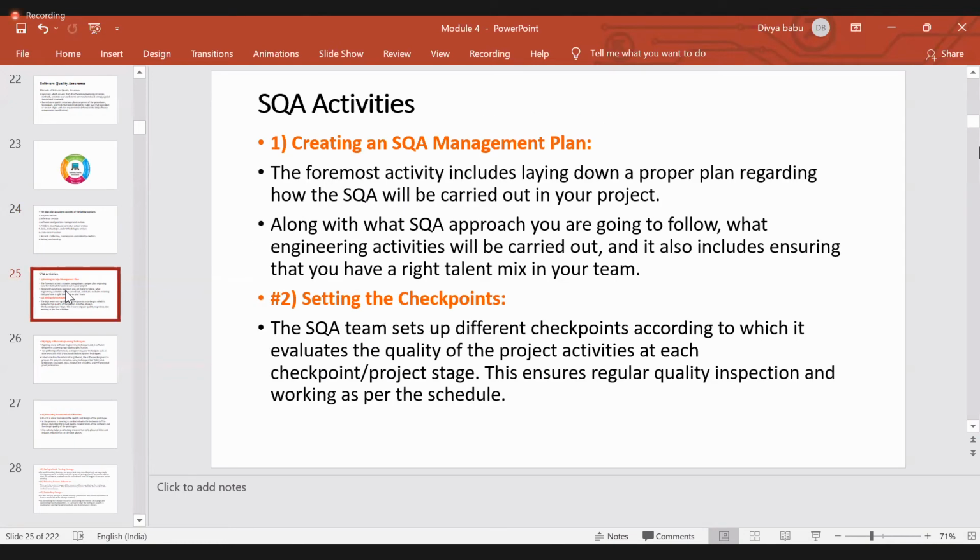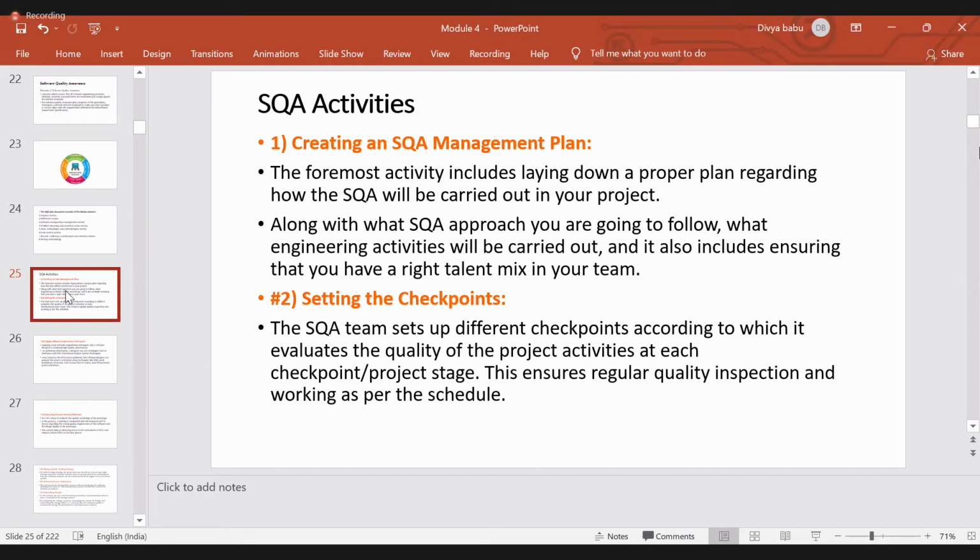Activities in an SQA. Software quality assurance activities are creating an SQA management plan and setting checkpoints. Creating an SQA management plan means, first, if you are going to execute an SQA, you should do a proper plan.